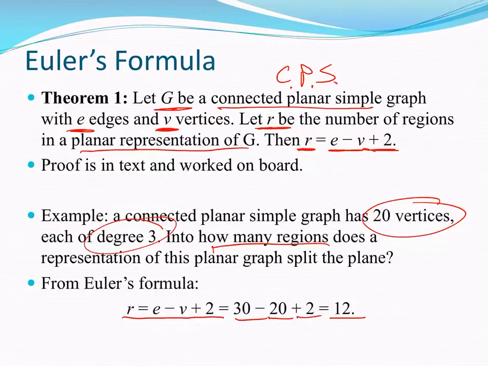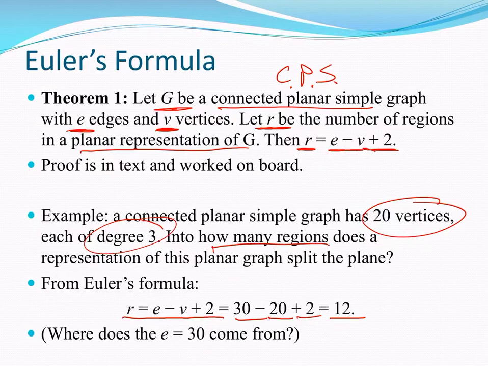Where did I get 30 edges from? Well, 20 times 3 equals 60, and the sum of the degrees of the vertices equals 60. That equals 2E, so E equals 30 from the handshaking theorem.